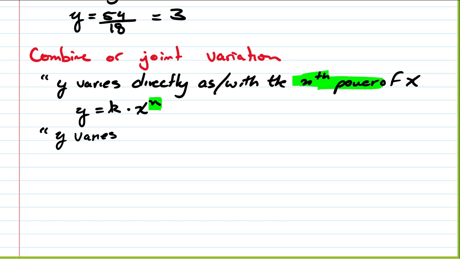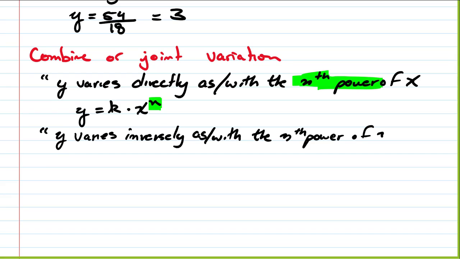So y varies inversely as or with the nth power of x. So this time we would get y equals k divided by x raised to the nth power.